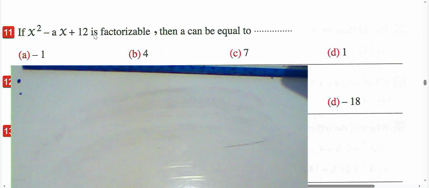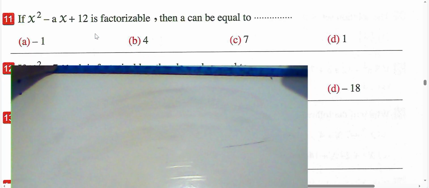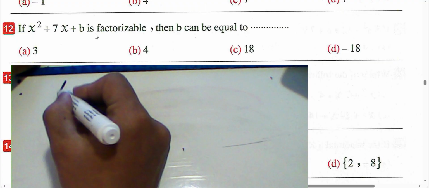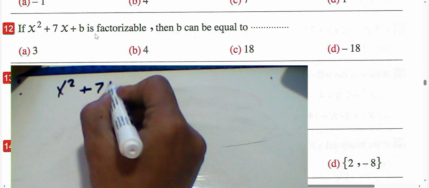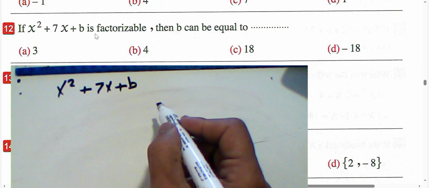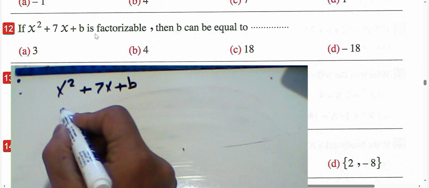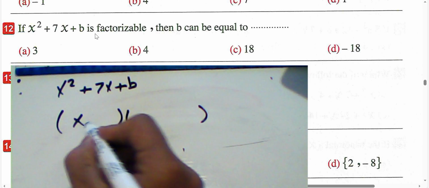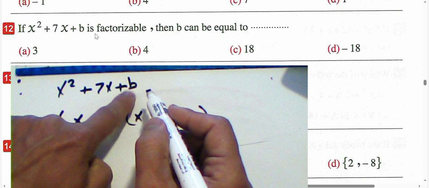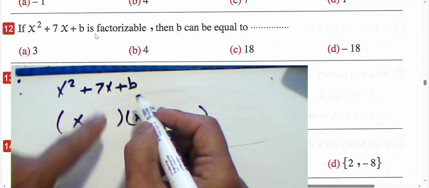Okay, let's start this question also. If x power 2 plus bx plus 7x plus b is factorizable, what does b equal? We can factorize the expression: x power 2 is x times x, and we want two numbers whose product equals 7 and whose sum equals 7.